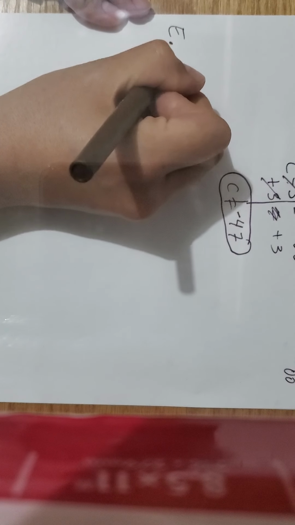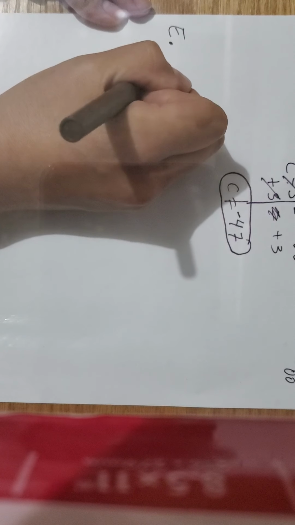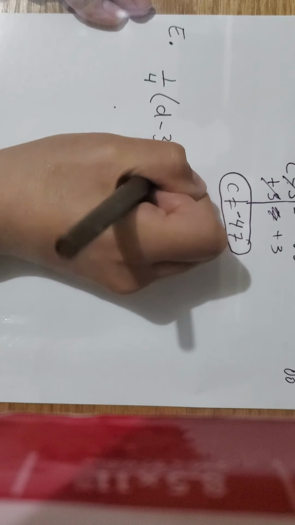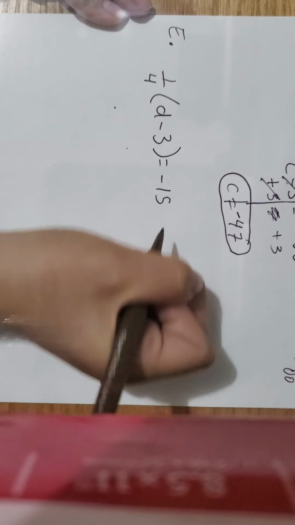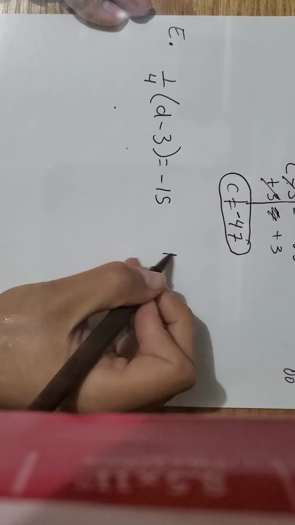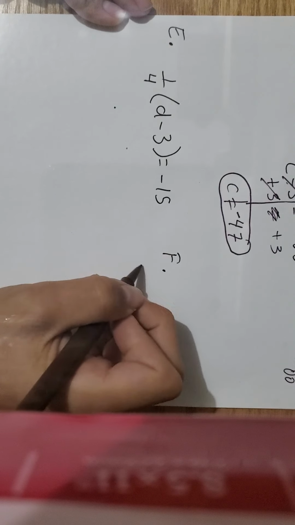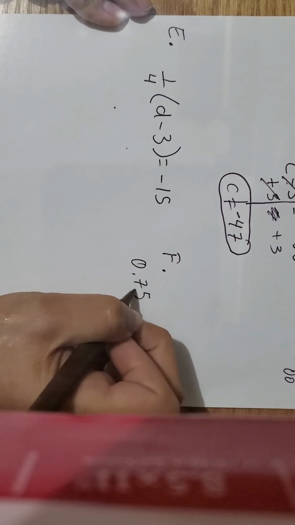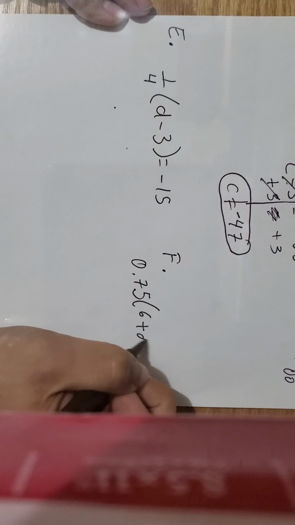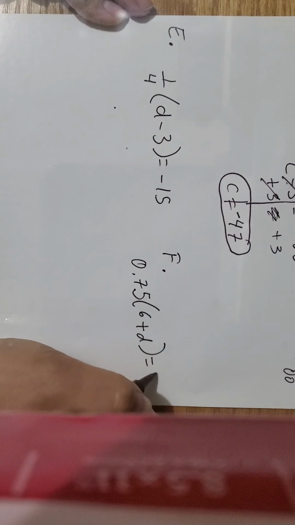So for letter E, 1/4 d minus 3 equals negative 15. Okay. For letter F, 0.75 parentheses 6 plus d equals 12.